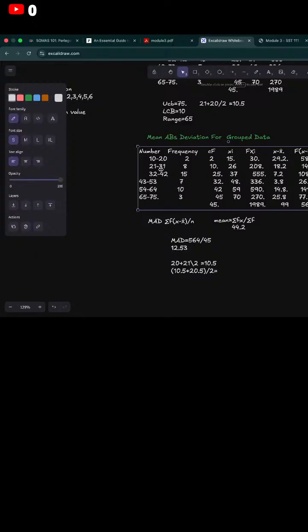It is coming up to 26. So let's take it that all this data is correct. That is our midpoint. The next step is to do frequency times xi, our midpoint.